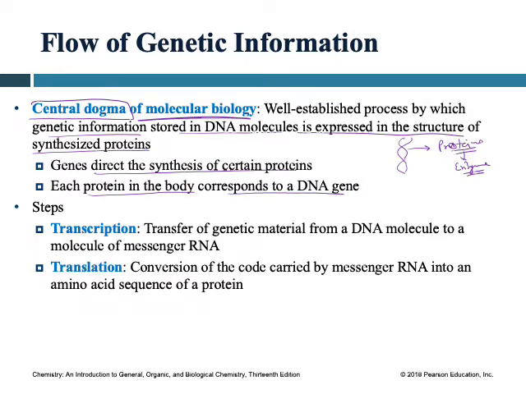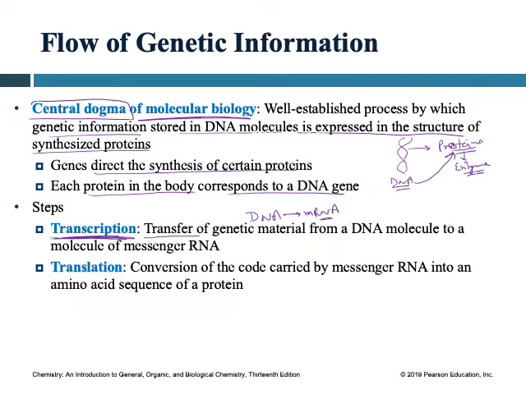So there are 2 steps by which DNA information is converted into a protein. One is called transcription. Transcription is a process by which the genetic information is transferred from DNA to mRNA, right?